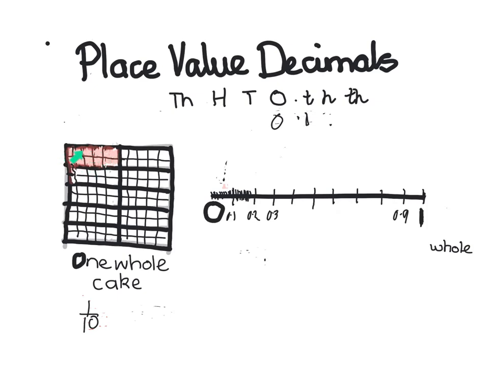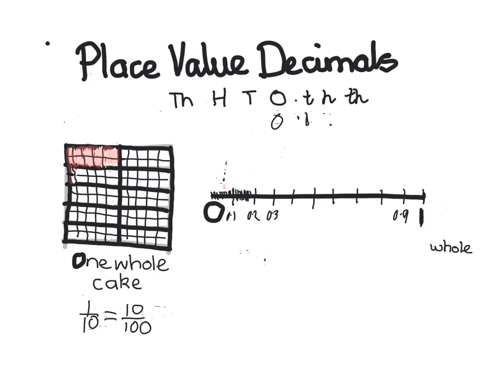Well, there's 1, 2, 3, 4, 5, 6, 7, 8, 9, 10. So here we can see that 10 of our hundredths is exactly the same as one of our 10 equal parts, which goes to prove that 1/10 is equal to 10 hundredths.